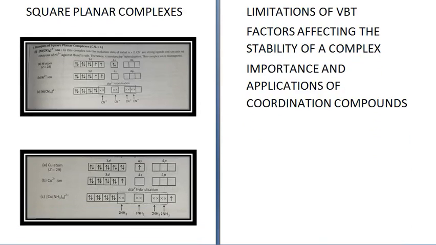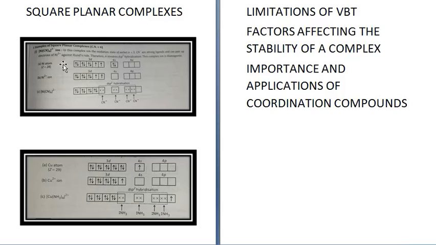Next we come to square planar complexes. Square planar complexes also have coordination number 4, but the type of hybridization that takes place is dsp². Let us take an example. First example is of [Ni(CN)₄]²⁻. Now in this complex ion, oxidation state of nickel is +2.